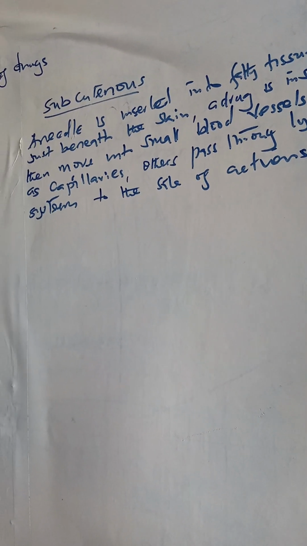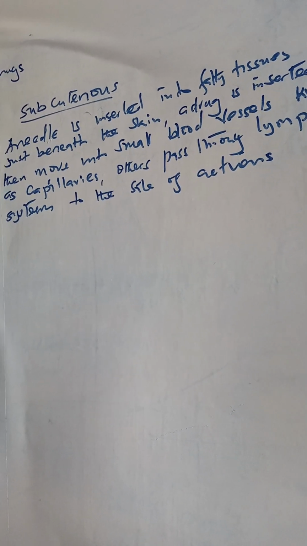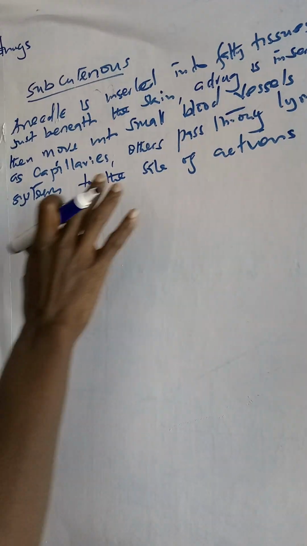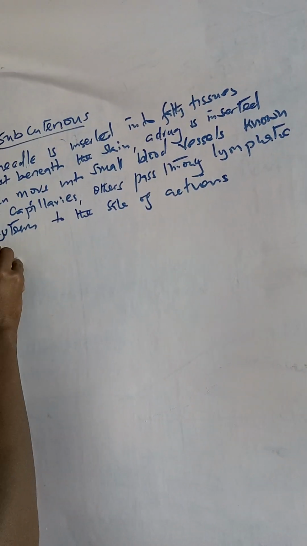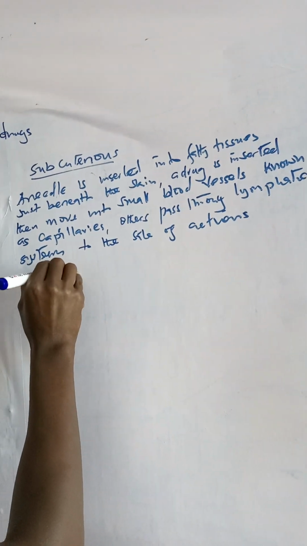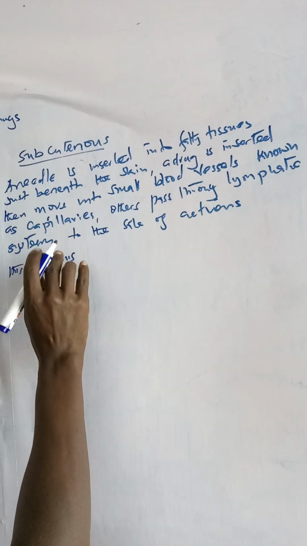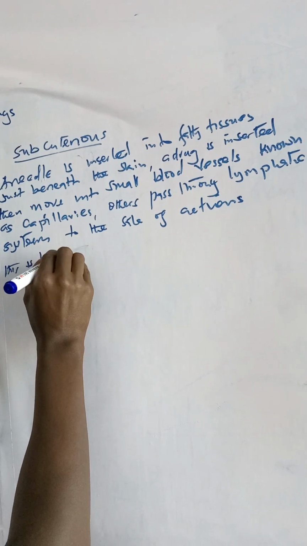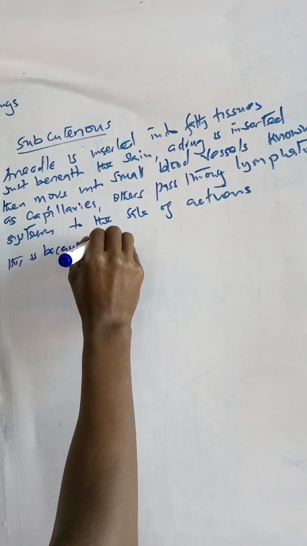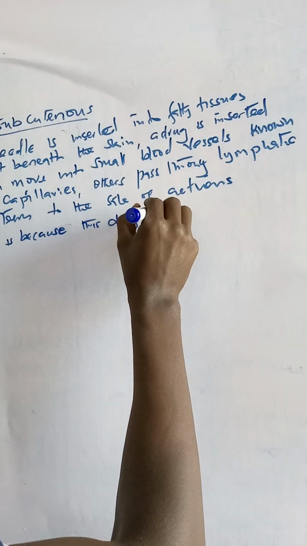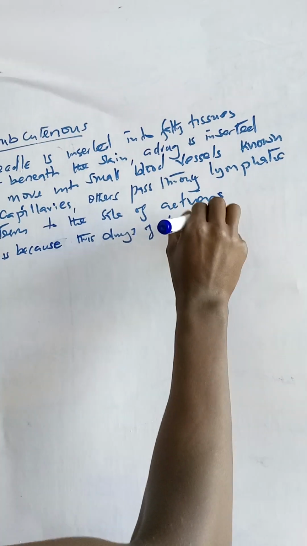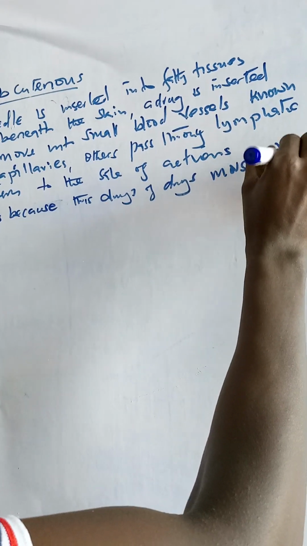Alternatively, a drug reaches the bloodstream through the lymphatic system, which we have already said. This is because these types of drugs move slowly.